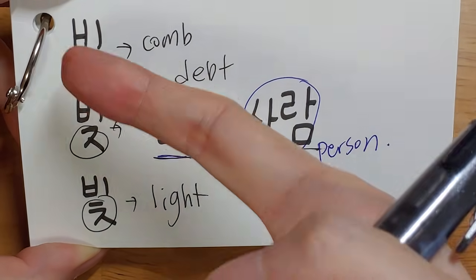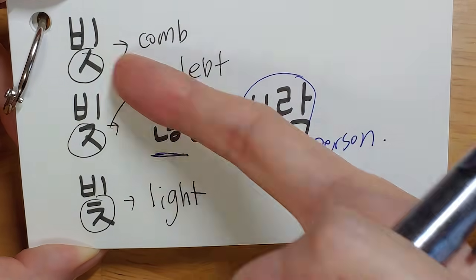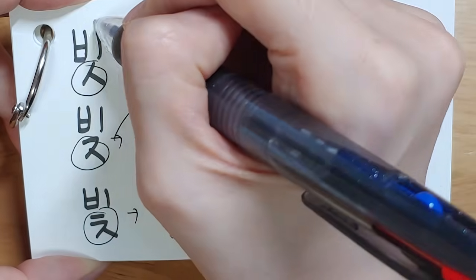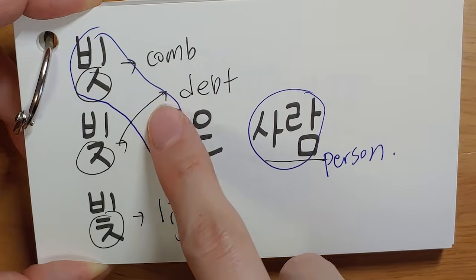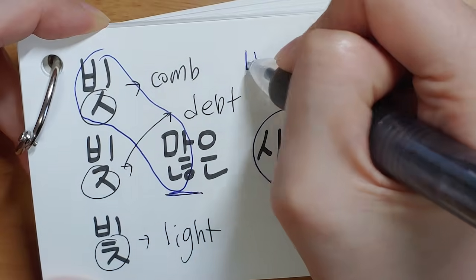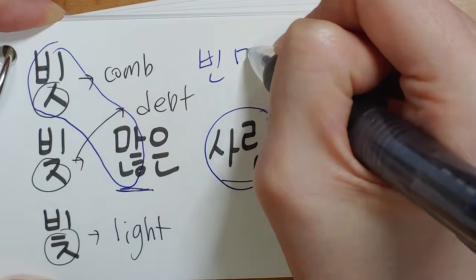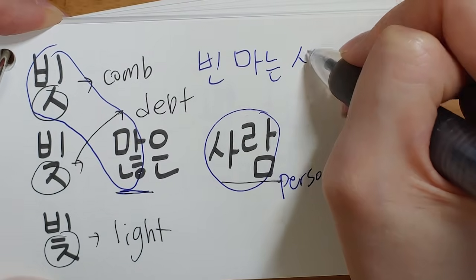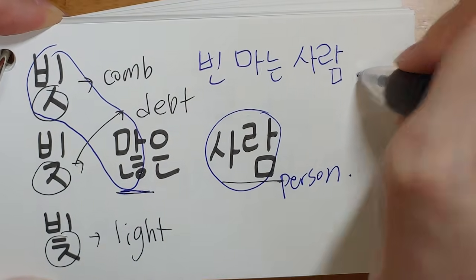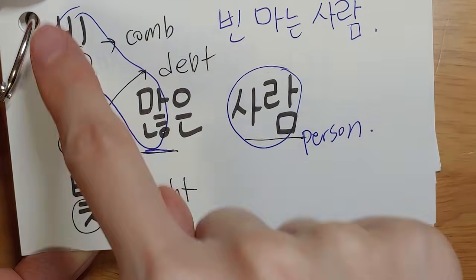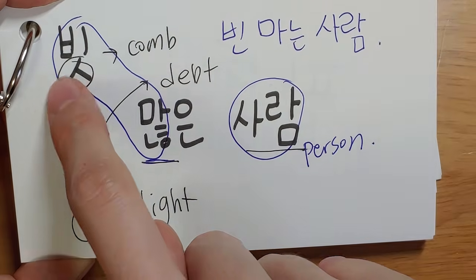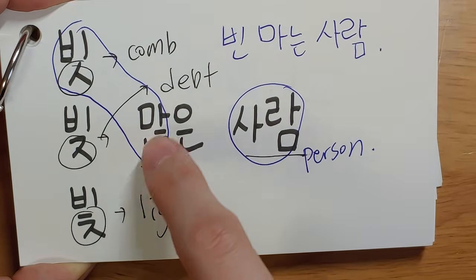So when you say 빗 많은 사람, 빚 많은 사람, 빛 많은 사람, they're all pronounced the same, because it's the combination of ㅅ sound and ㅁ, which softens to ㄴ, right?